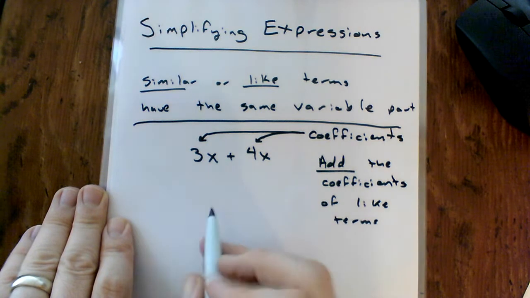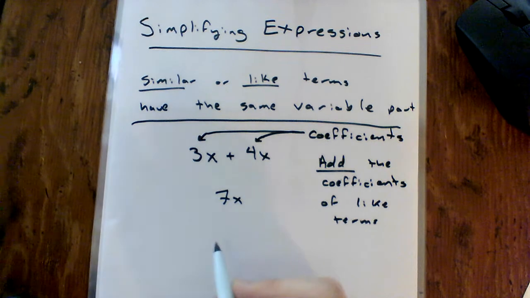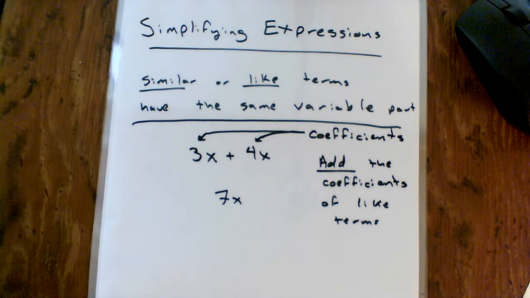So 3x plus 4x is going to be 7x. Well, that's pretty easy for what we have so far.